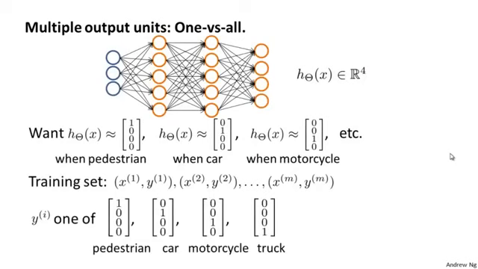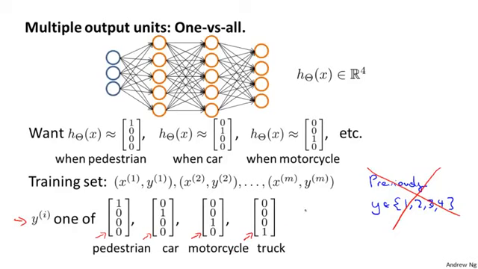When we have a training set with different images of pedestrians, cars, motorcycles, and trucks, whereas previously we had written out the labels as y being an integer from 1, 2, 3, or 4, instead we're going to represent y_i as either 1000, 0100, 0010, or 0001, depending on what the corresponding image x_i is.